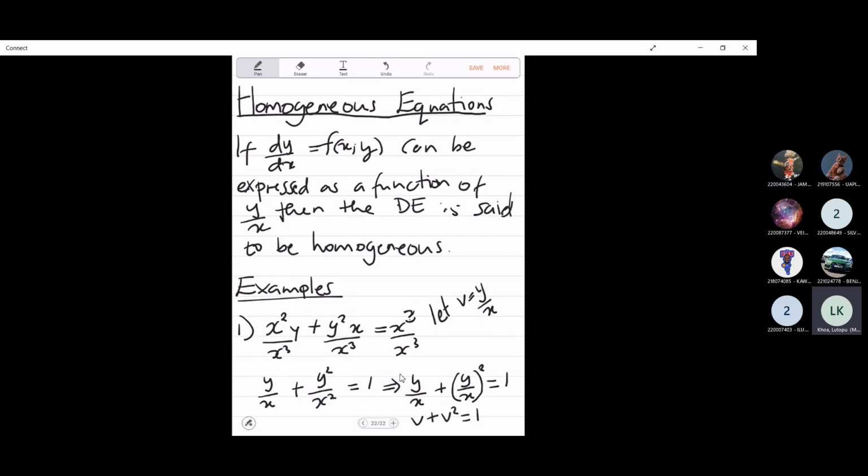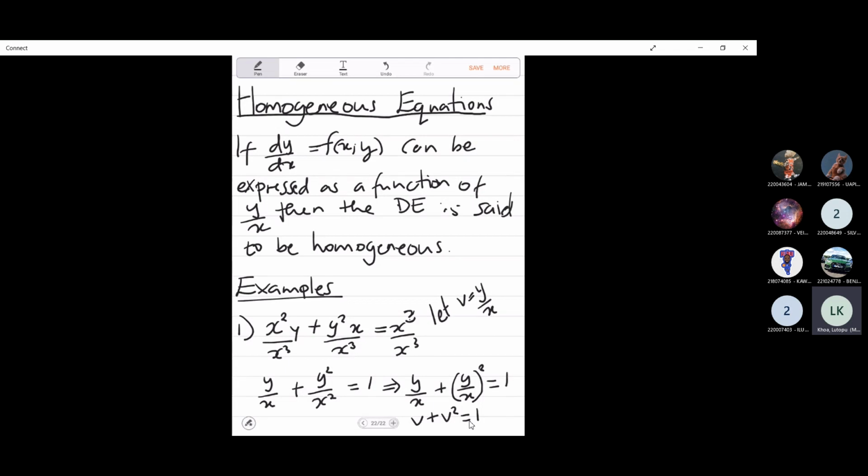So I can always transform this so that it is in terms of just one variable. Before, I had two variables, but because I can rewrite it where every single variable is now y over x and then make a substitution, it is now in terms of just one variable.